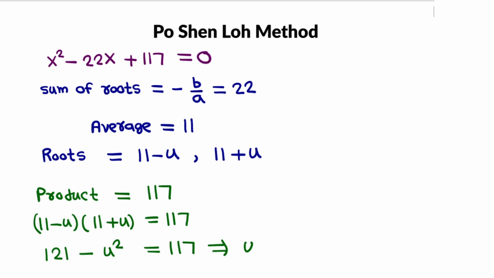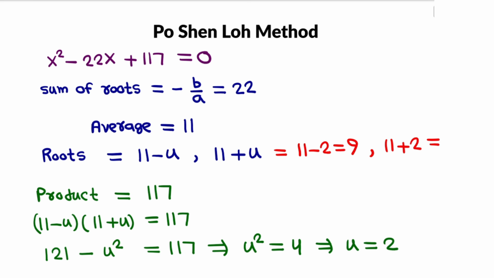So u squared equals 4, which means u equals 2. Now plug it back in. 11 minus 2 is 9. 11 plus 2 is 13. So the roots are 9 and 13.